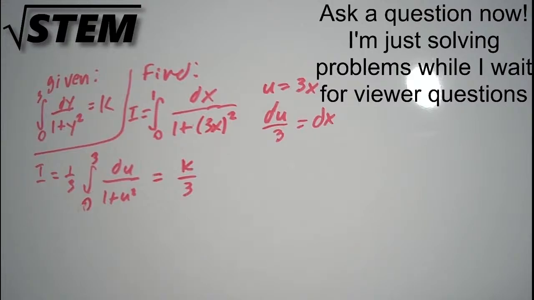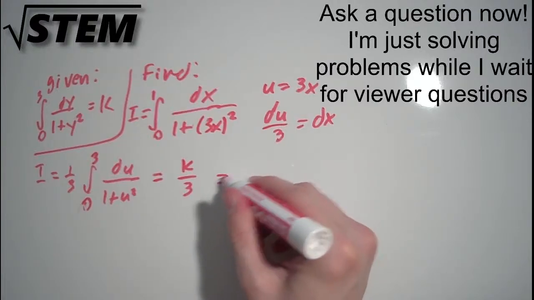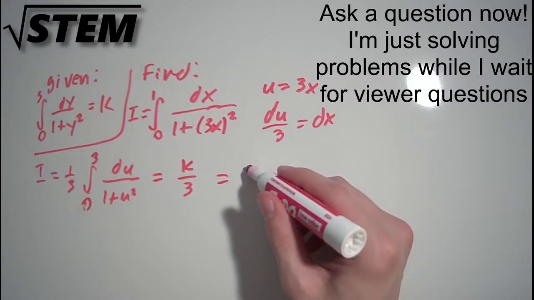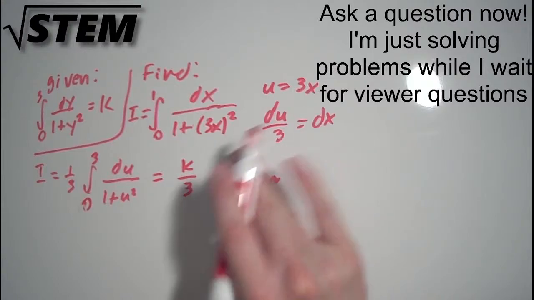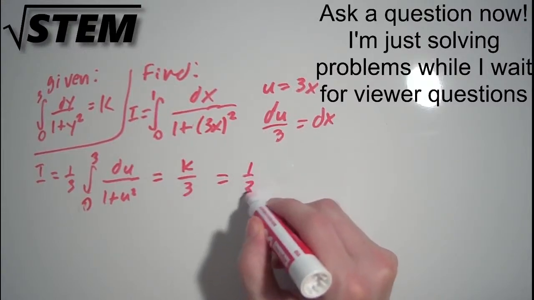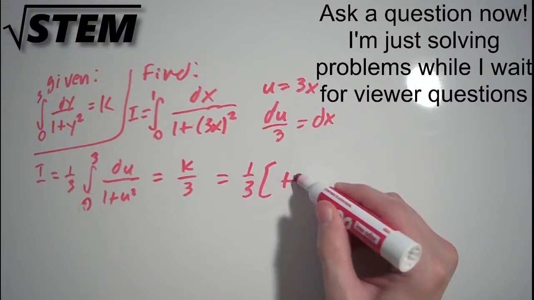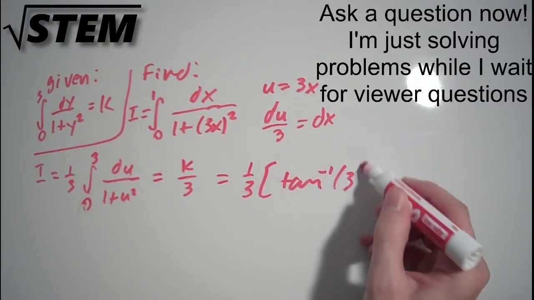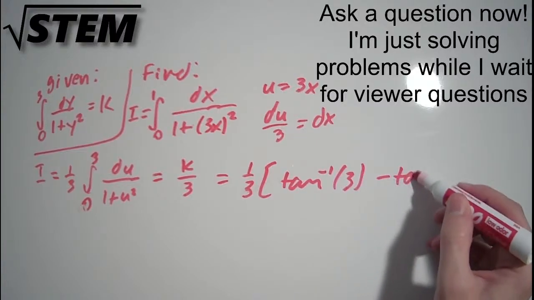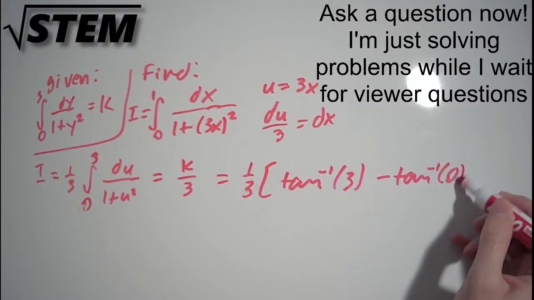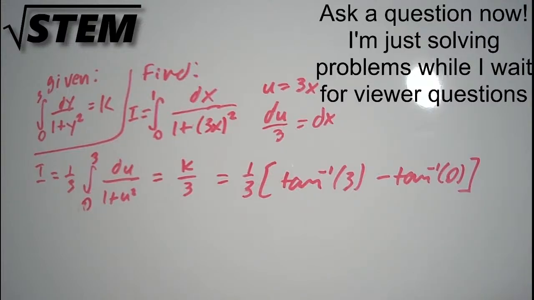And just for funsies, we can say this is, well, it's 1/3 tangent inverse of 3 minus tangent inverse of 0. And I believe tangent inverse of 0 is also 0.